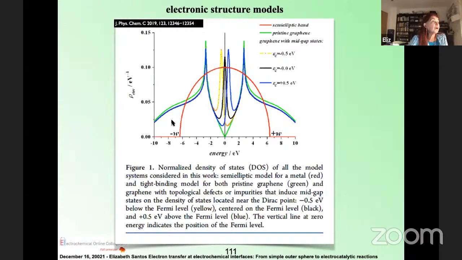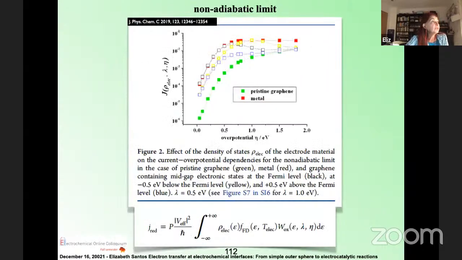But in the case of graphene, the picture of these electronic states is very different. And we have also investigated what happens if we have mid-gap states that can be obtained perhaps from defects of a graphene layer. Then we see that in the case of the non-adiabatic limit, the red points correspond to the metal that we have seen before, and the green is when we have graphene.